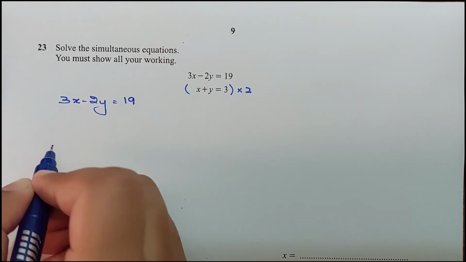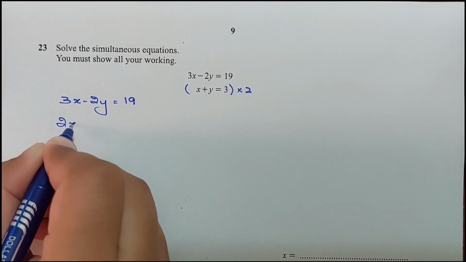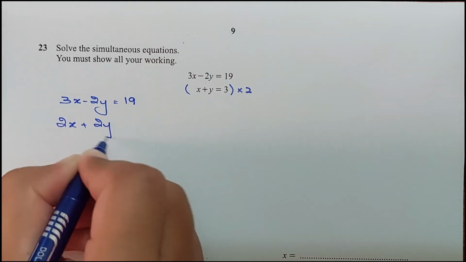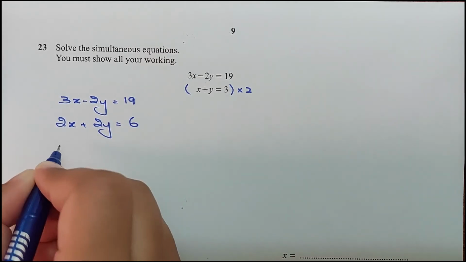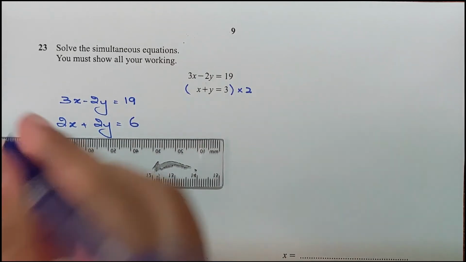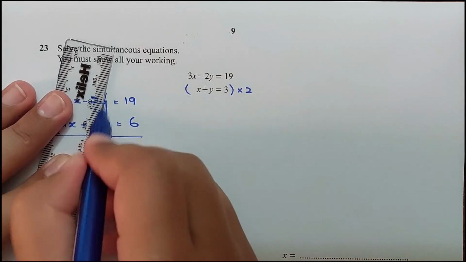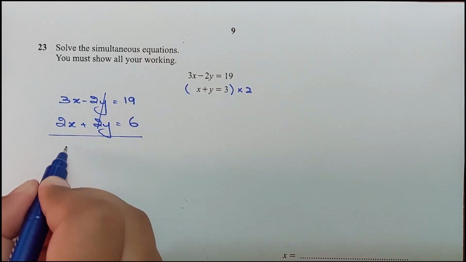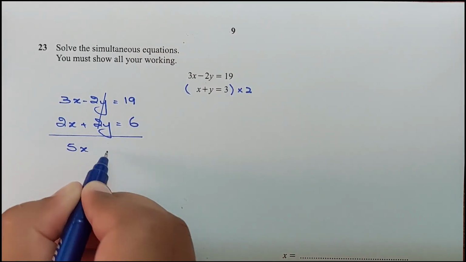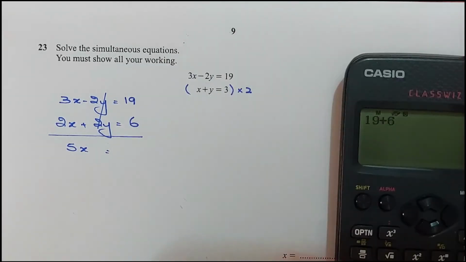The first equation stays the same. The second equation is multiplied by 2. So 2x plus 2y, and 3 times 2 is 6. Now let me add the two equations to get rid of y and solve for x. When we add, negative 2y and positive 2y cancel, and this is 5x, and 19 plus 6 is 25.